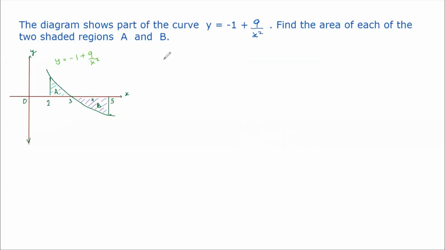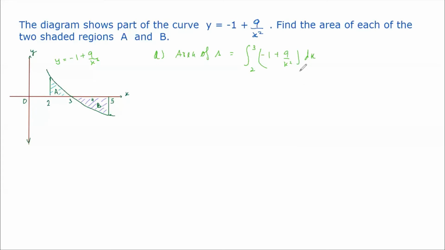That's all. So if we want to find, maybe just say question A, find the area of A, just integrate what? Minus 1 plus 9 over x squared, and the whole thing dx, from 2 to 3. Okay, from 2 to 3.